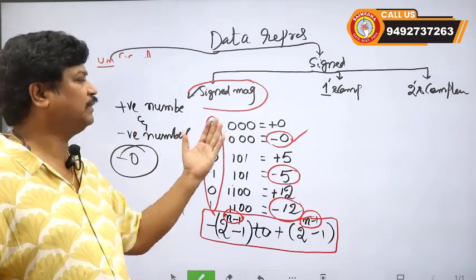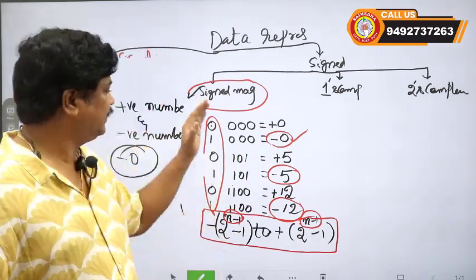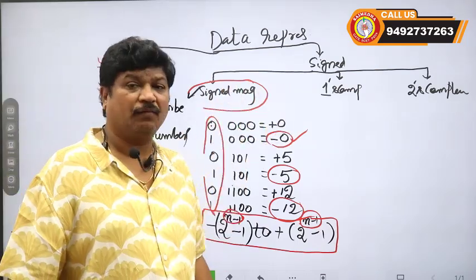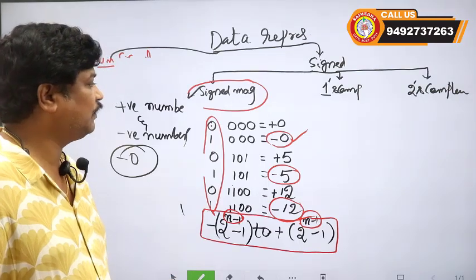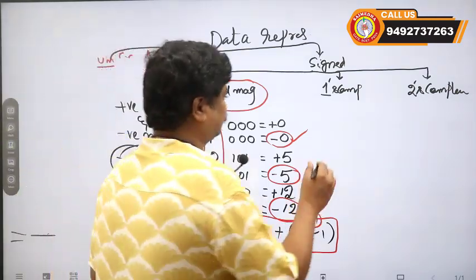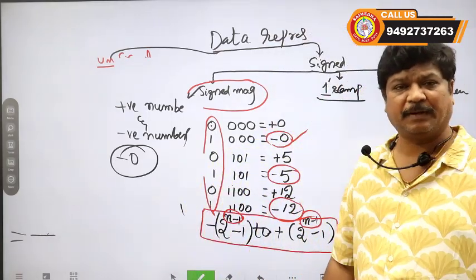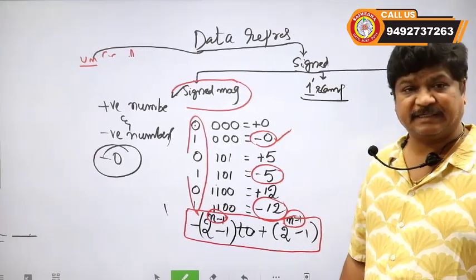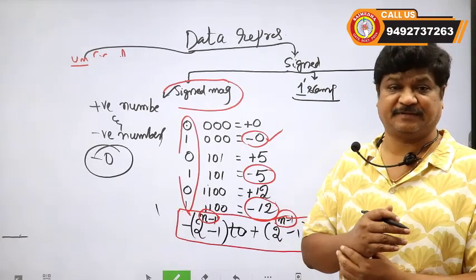Now we are moving to the ones complement data representation. Signed magnitude is over. In this ones complement data representation, what is the procedure?